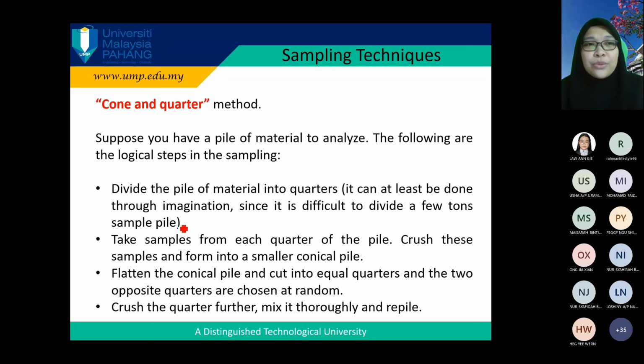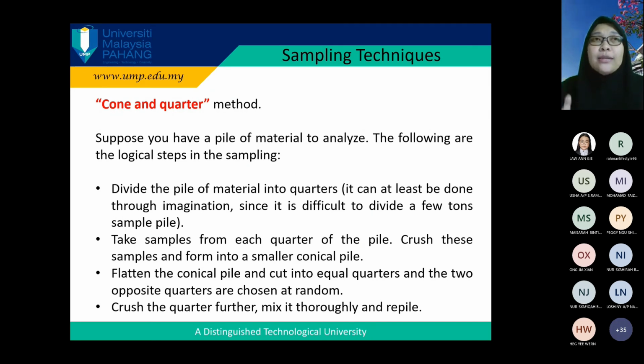So we go to the example of a sampling technique which is very commonly used in industry, the cone and quarter method. Even though this cone and quarter method is very traditional, it is very useful in industry because they have so many banyak sangat sampel. So dia kena guna cone and quarter method.